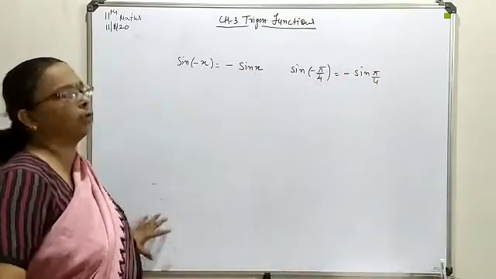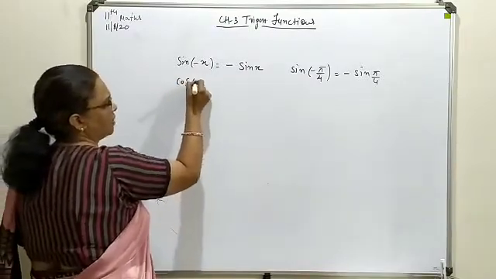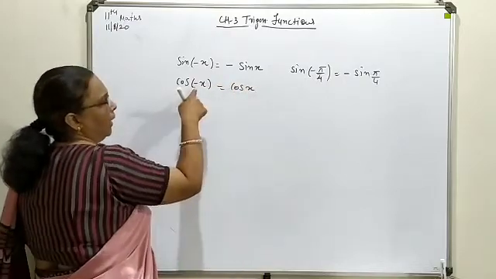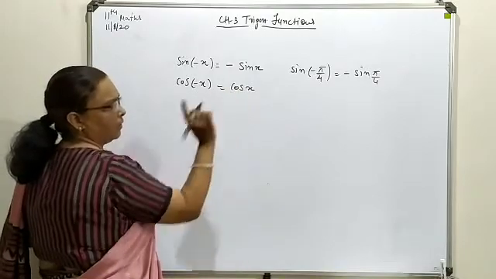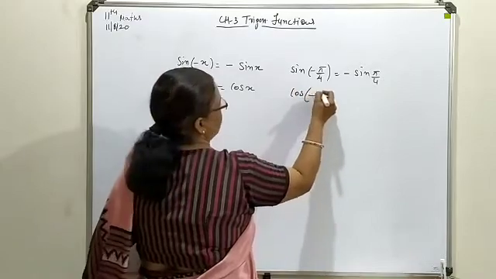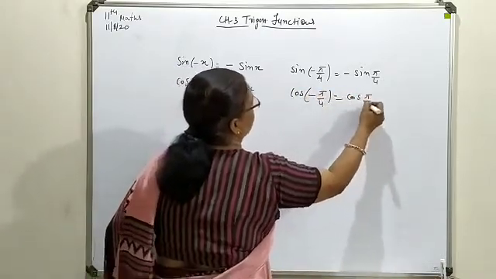Now the same thing it will implement to the remaining 5, means cos. These are very small things but important. In cos there is no interference of the sign, cos x you will write as such. Just for example, if you write cos of minus pi by 4, it is to be written as cos pi by 4 only.